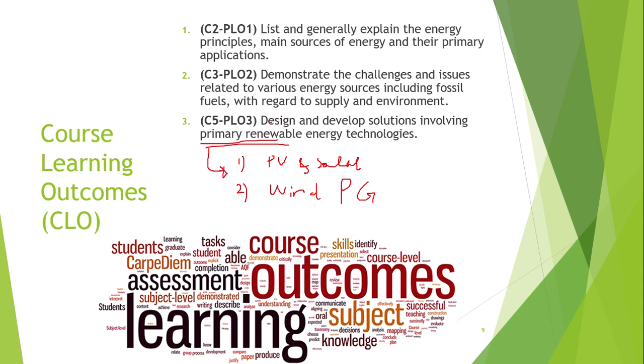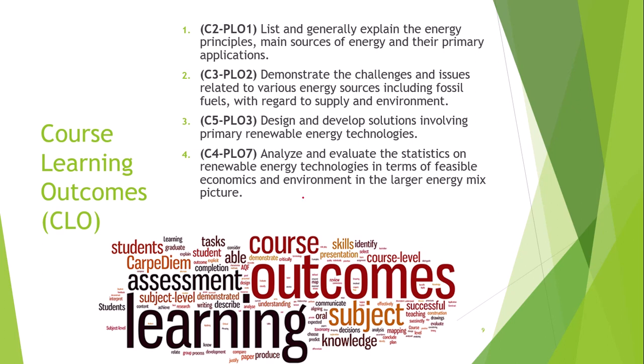We design a photovoltaic array system or module for a single house or for a community or for a large area. And finally, the economics and environmental effect of the primary renewables.